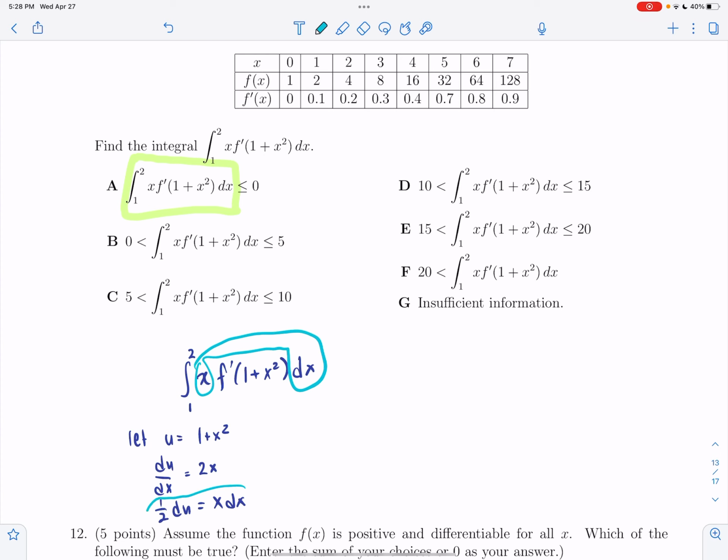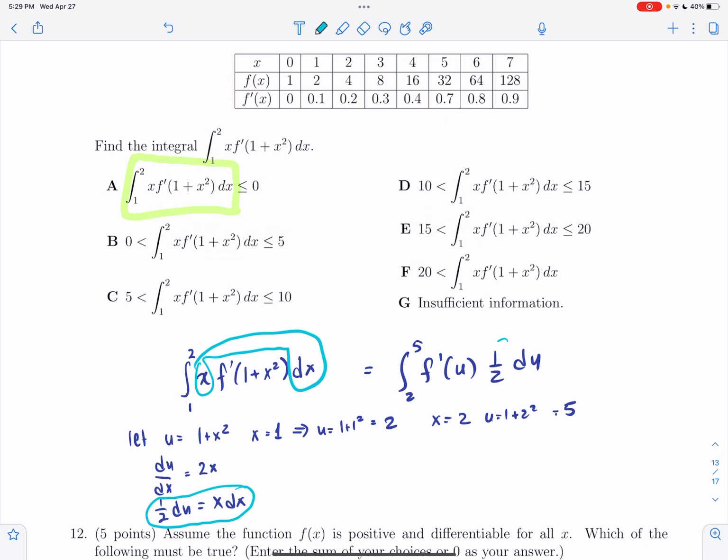That part will be 1/2 du. Okay, change the limit. If x equals 1, u will be 1 plus 1 squared, it is 2. And if x equals 2, u is 1 plus 2 squared, and it is 5. So this integral becomes the integral from 2 to 5 of f prime of u times 1/2 du.